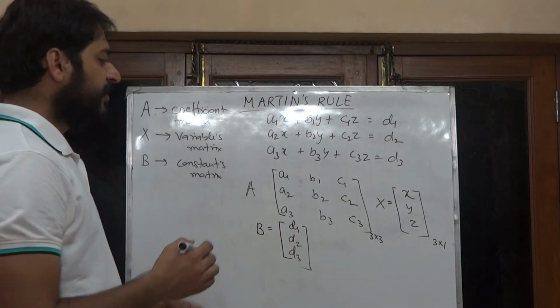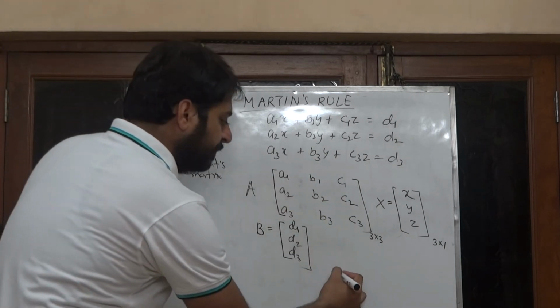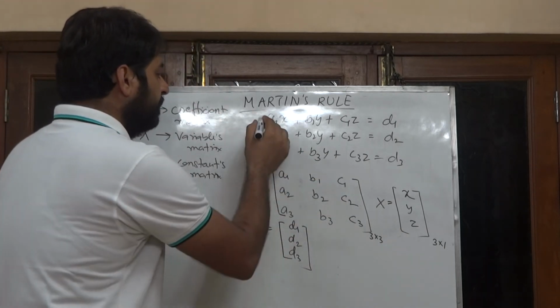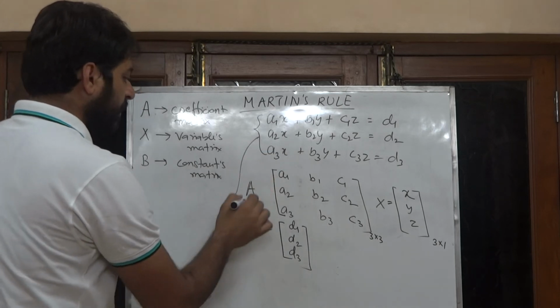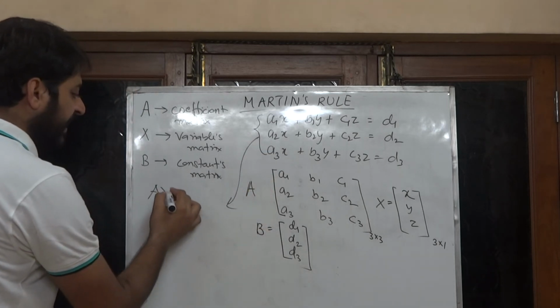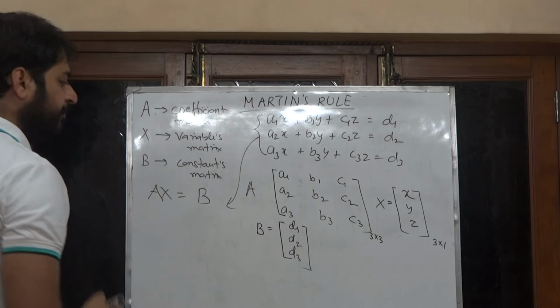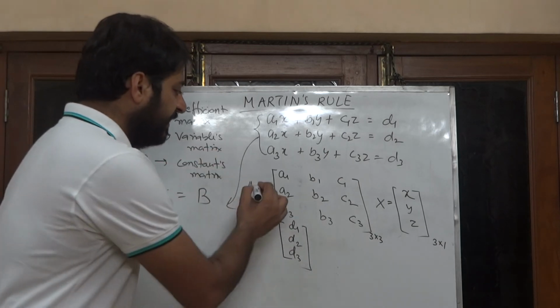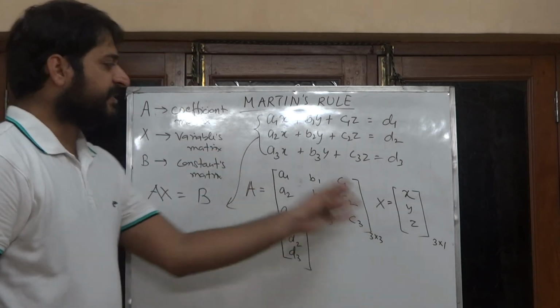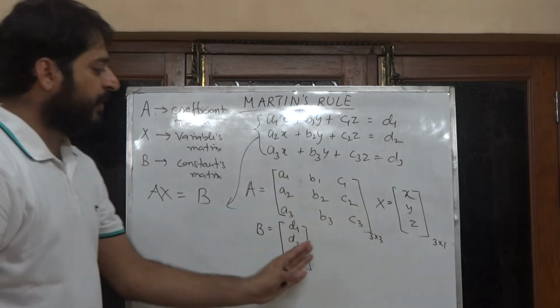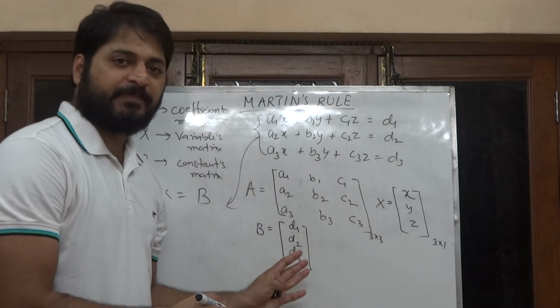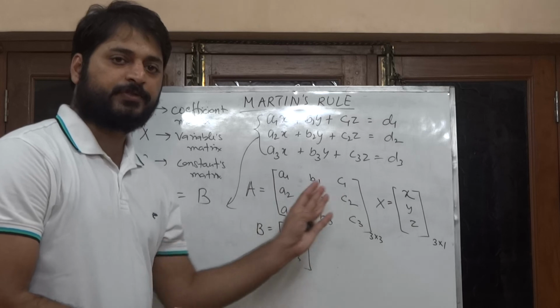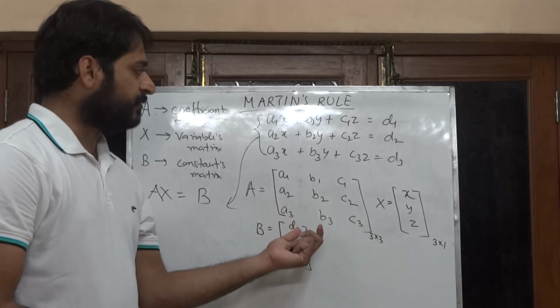So our final equation, if I put them into matrix form, stands as AX equals B. Because if I multiply A with X, I'll get this expression, and if I equate it to B, with the equality of matrices, we can equate the corresponding rows. So the first row will be equal to d1.